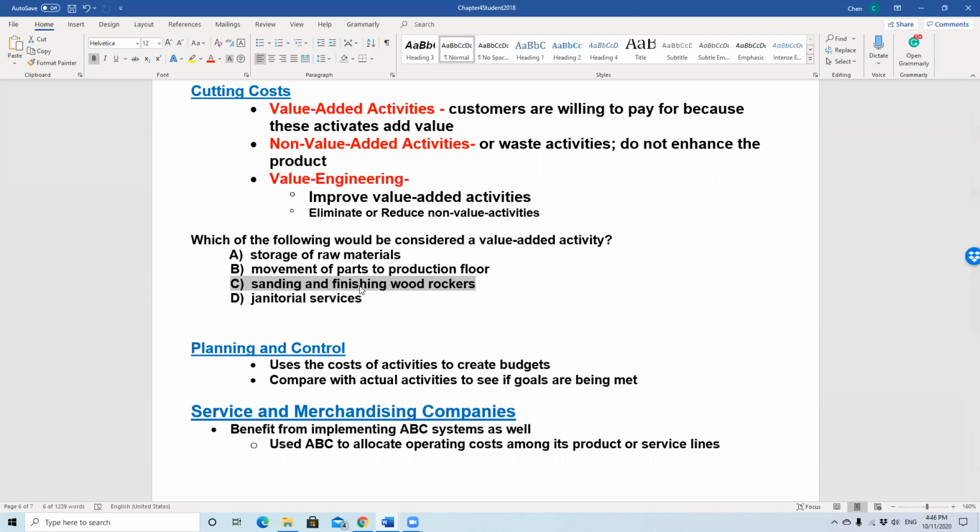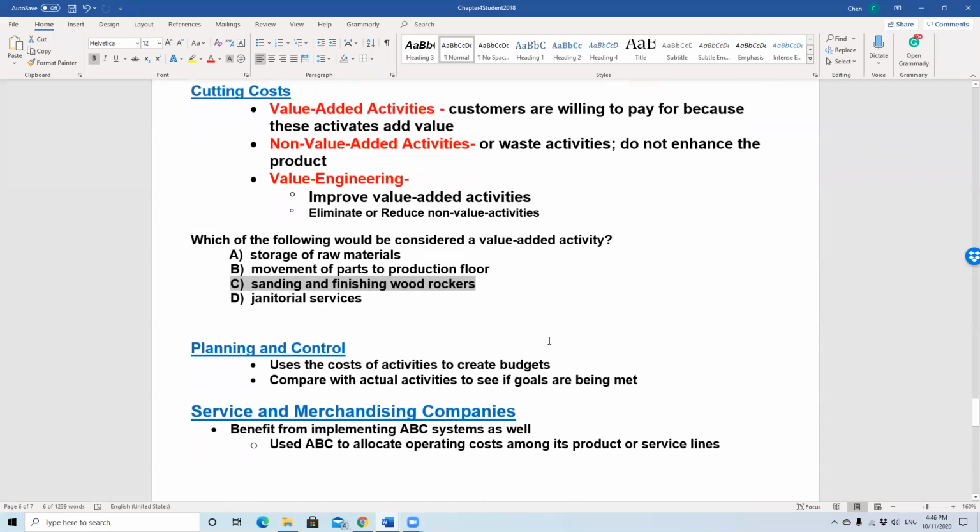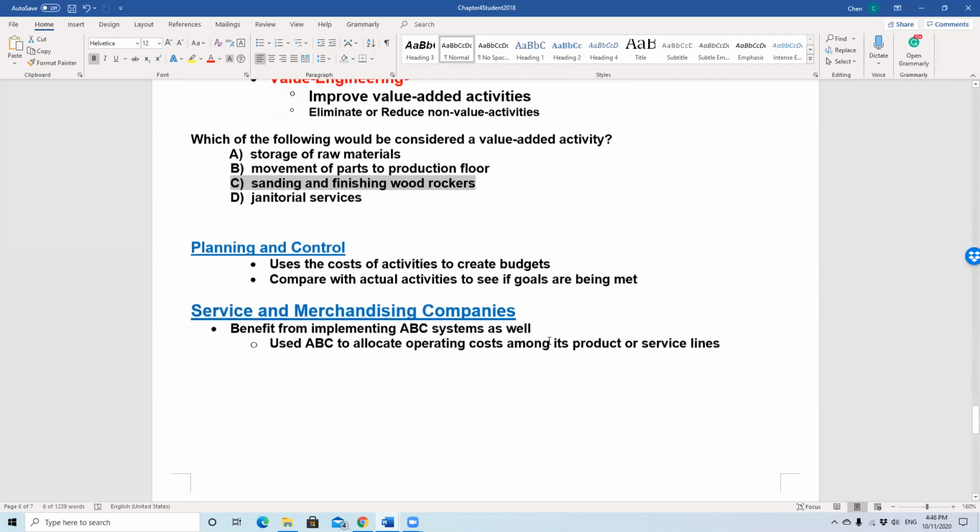If the wood rockers are not sanded, you cannot sell them to customers. So it makes a difference before and after that activity. You should find a way to make this activity more efficient, and you have to eliminate the cost of all these other non-value-added activities.